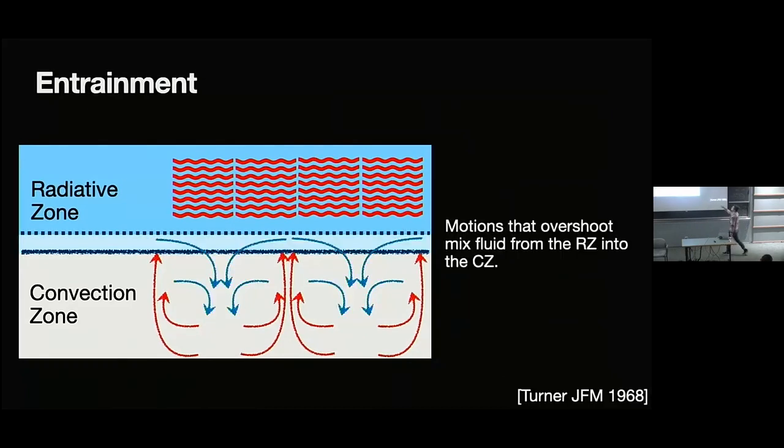These overshooting plumes mix some of this blue fluid down into the convection zone. That's entrainment. There's models of this going back 50 years to Turner. It starts off fast and gets slower like square root of time. It's a cool process. It makes our boundaries move. Okay, that's all I'm saying on entrainment.